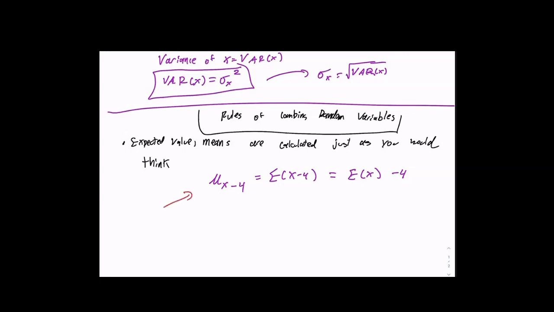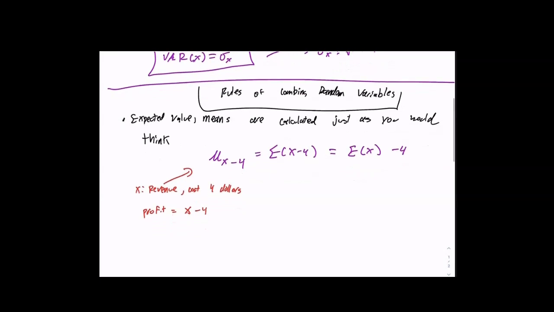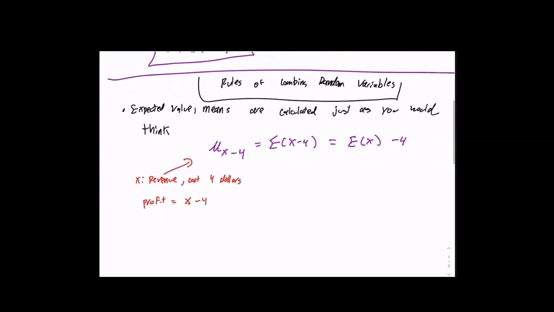But for example, x represents the revenue, and it cost $4, and so the profit is equal to x minus 4. So if I want to say how much do I expect to get, I would take the expected value and subtract 4.